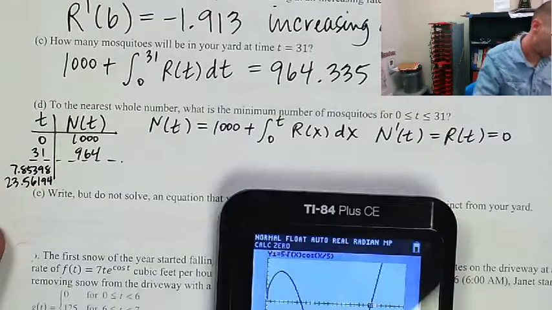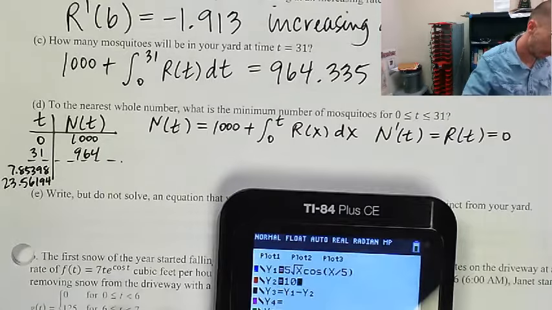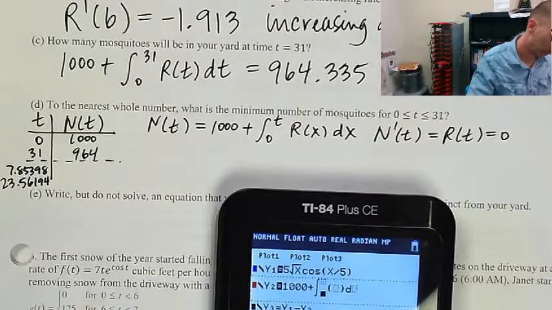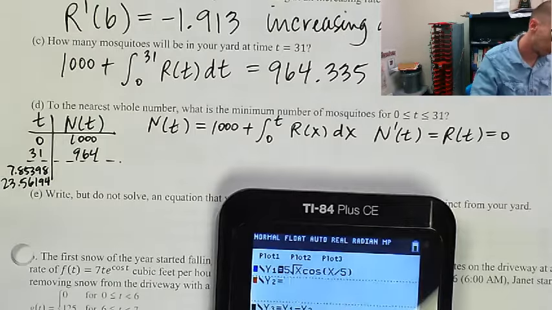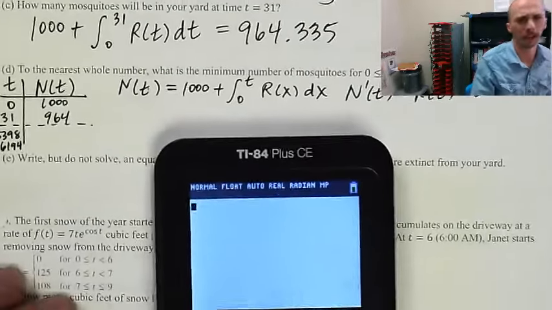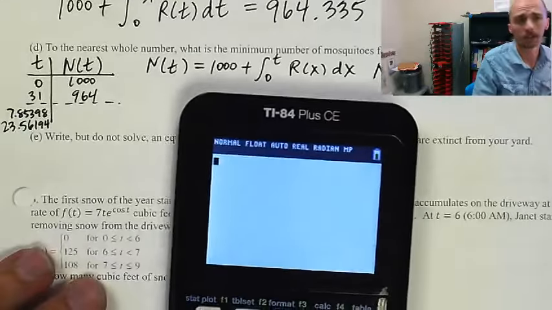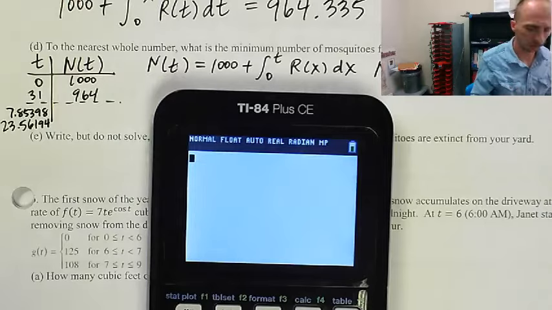Okay. Now what I'm going to do is I'm going to let y2 equal 1,000 plus math 9 on 0 up to... Actually, I'm not, because I only need to do this twice. If I need to do it more than twice, my advice to students is to never put an integral into y equals, because it just really jams up the calculator. It takes a long time.